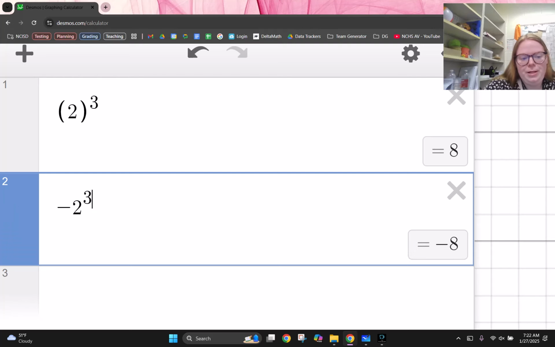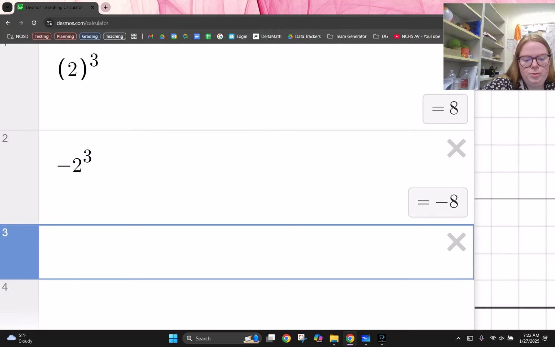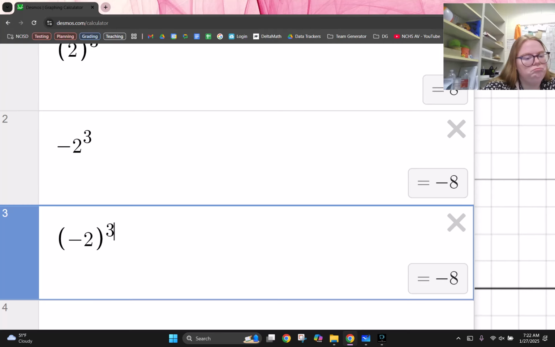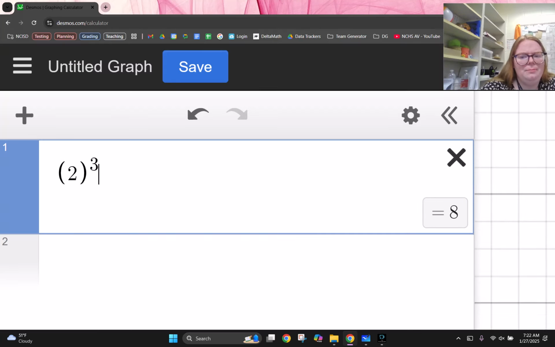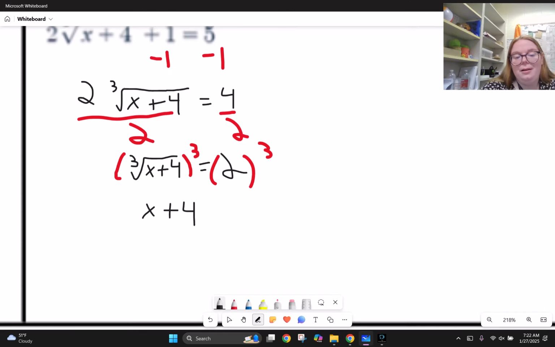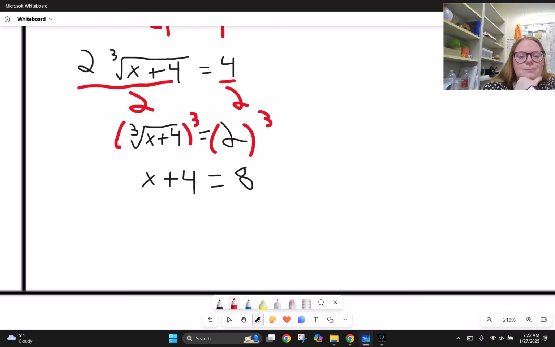But if you had, say, -2 that you were cubing, -2 cubed versus -2 in parentheses cubed, Desmos is getting smarter. I swear, it used to be wrong. I think it still can be, so I would just be safe. But anyways, 2 cubed is 8.